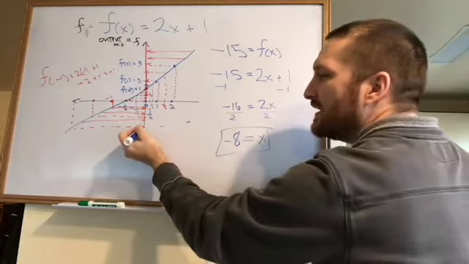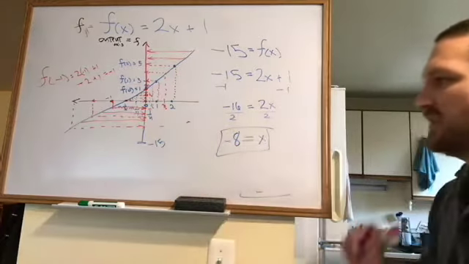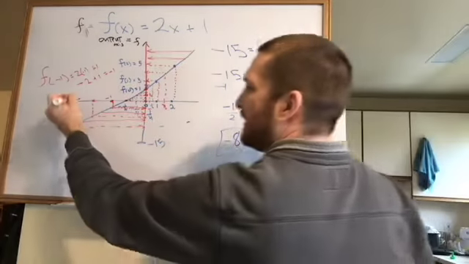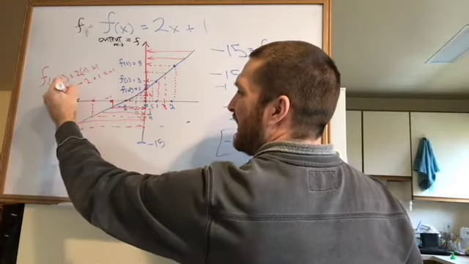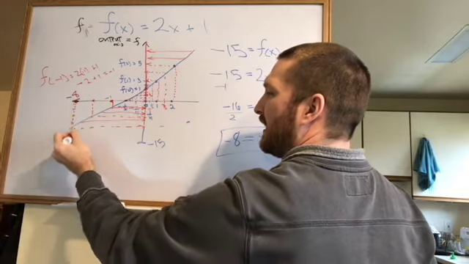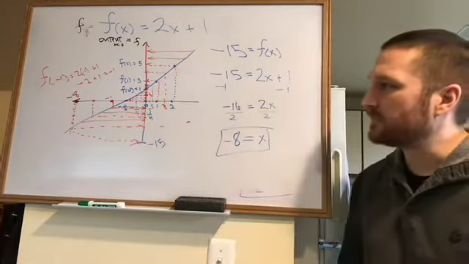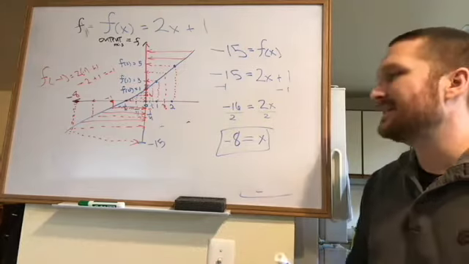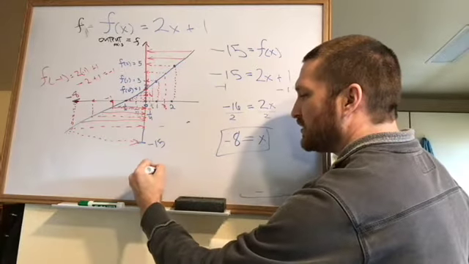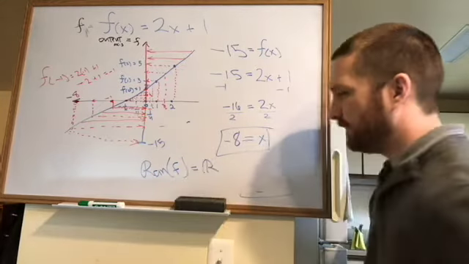You said that we would never get negative 15 as an output, but I just found that when you plug in negative 8, my rule tells me to go down here, and the output is going to be negative 15. So yes, indeed, you're absolutely right. The range of f is all real numbers.